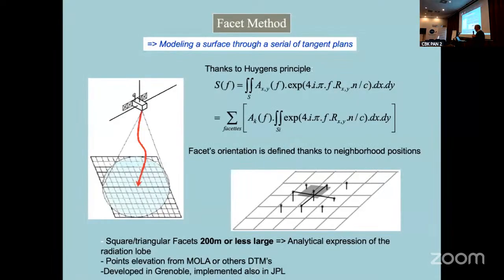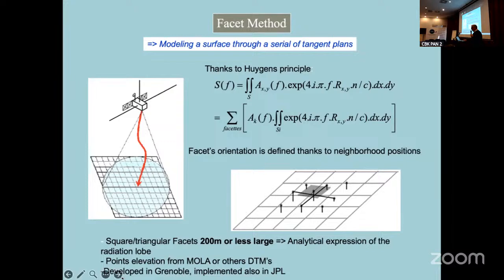Then the main problem, in order to analyze the data, as I told, is to correct, to determine the influence of the surface reflection. Because the surface reflection will perturb our signal coming from below. And this we are doing by, let's say, a deterministic simulation of the signal which is reflected by the surface.